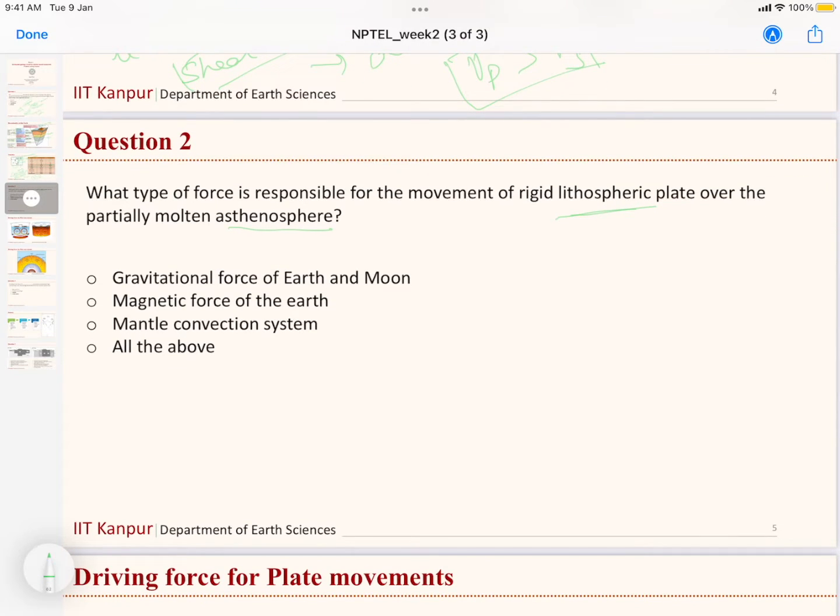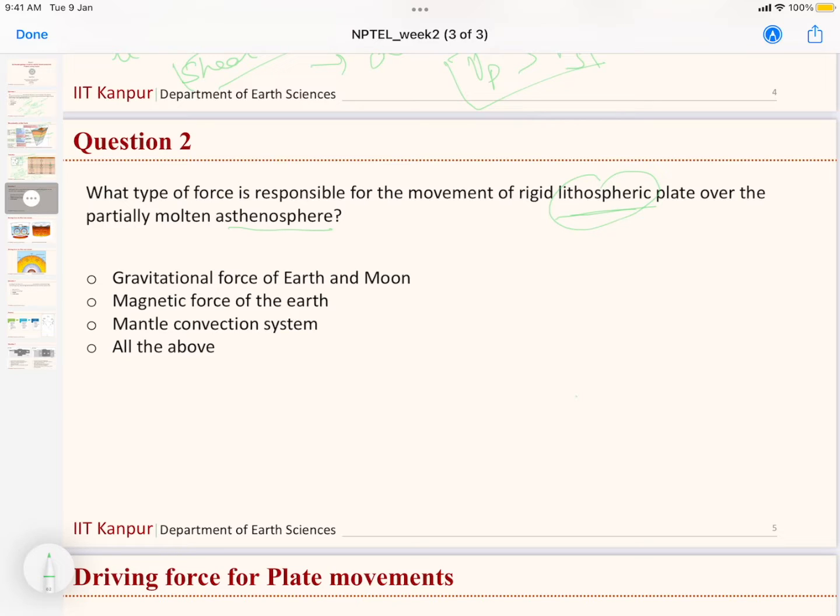So just briefly, the lithosphere is a rigid plate, since we have plate tectonics activity within the earth.